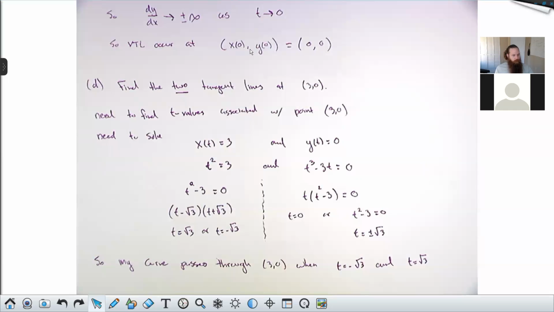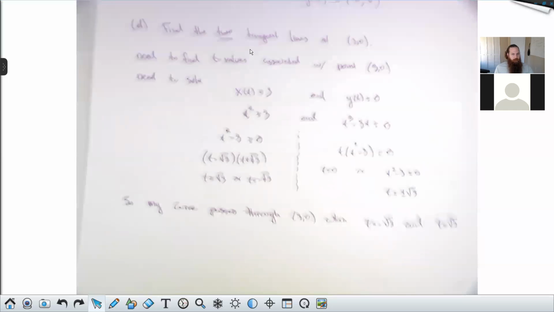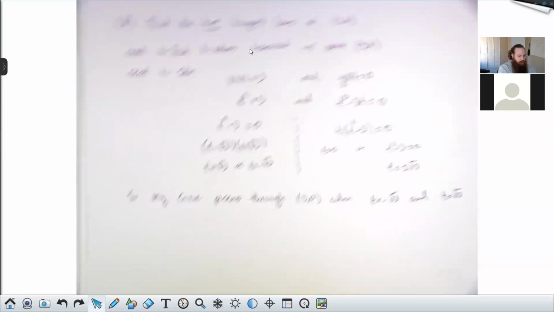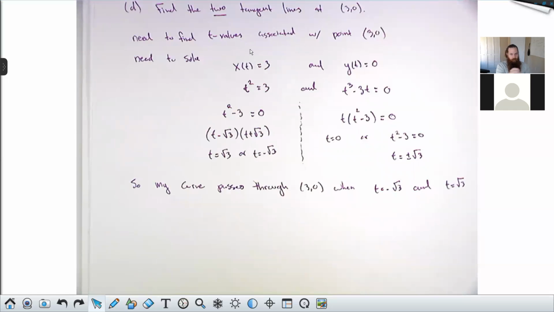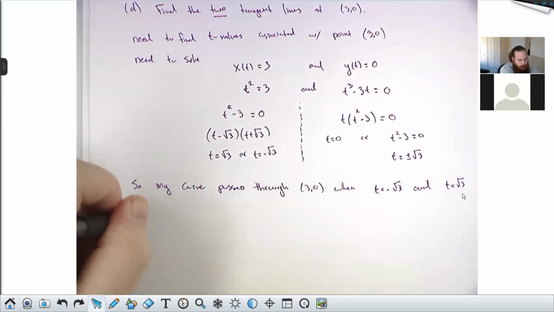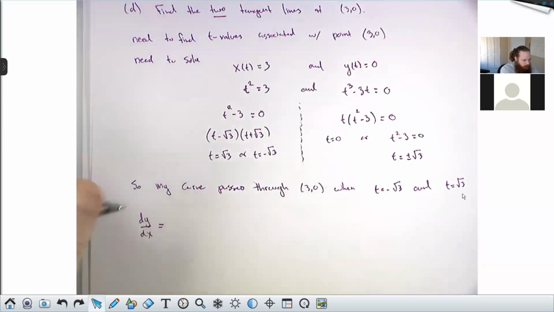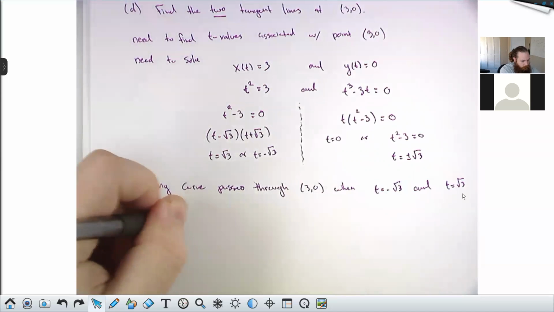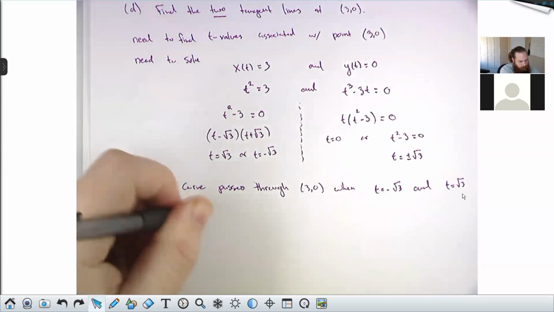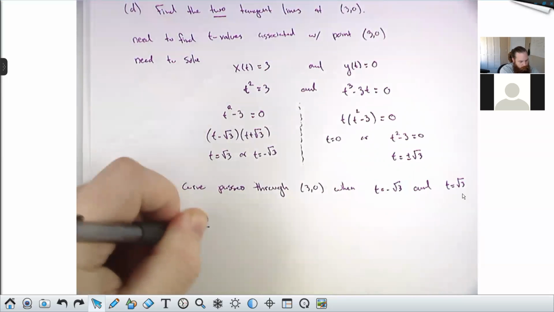All right, sweet. So then if I want to find the equations of the two tangent lines, I'm going to need to take my derivative and then plug in these t values to get the slope. So recall, dy/dx, which we've calculated earlier, is (3t squared minus 1) over 2t.